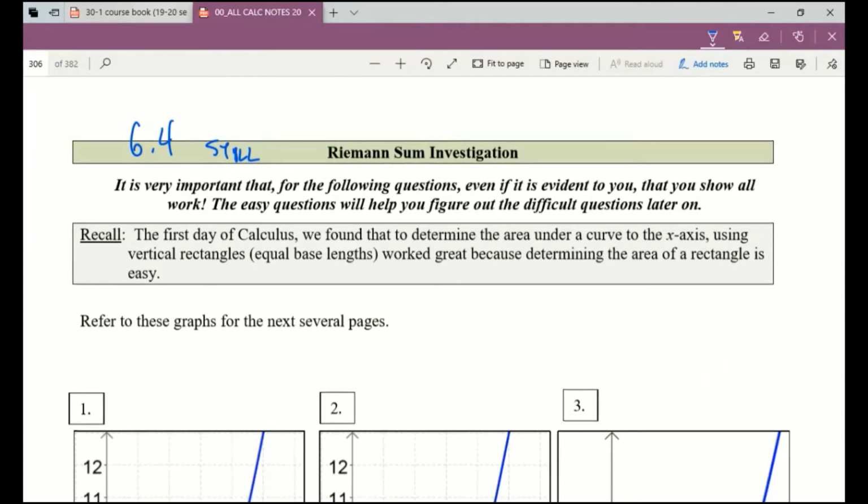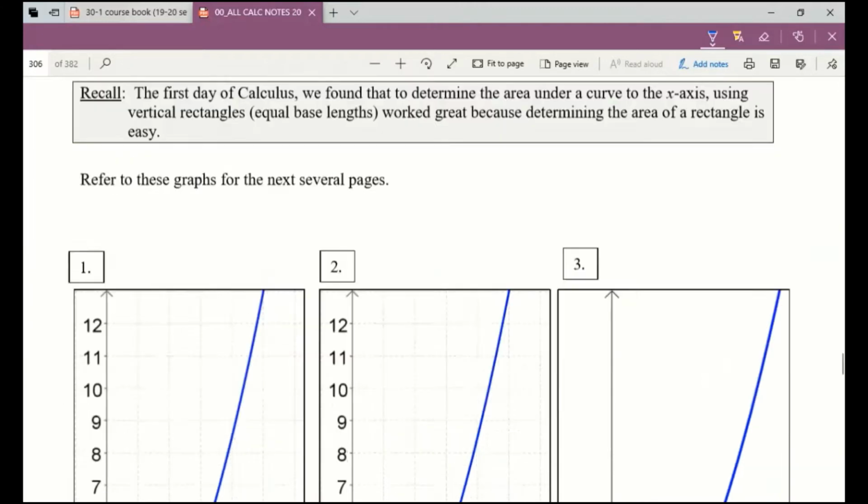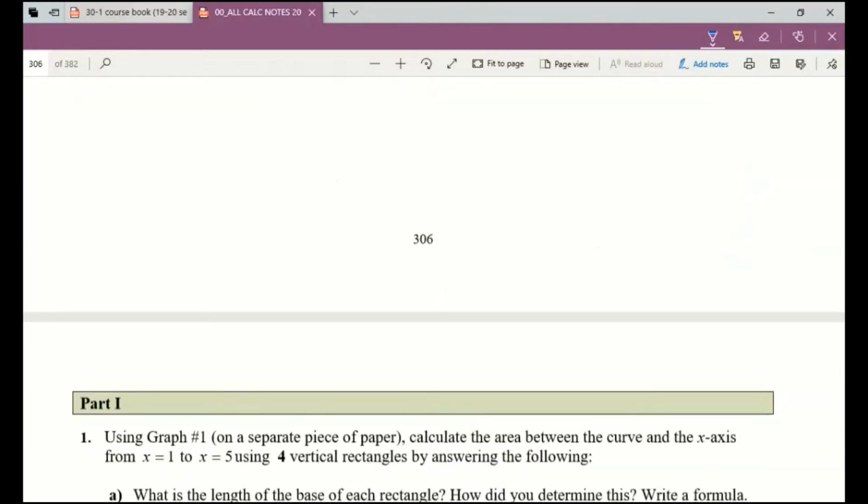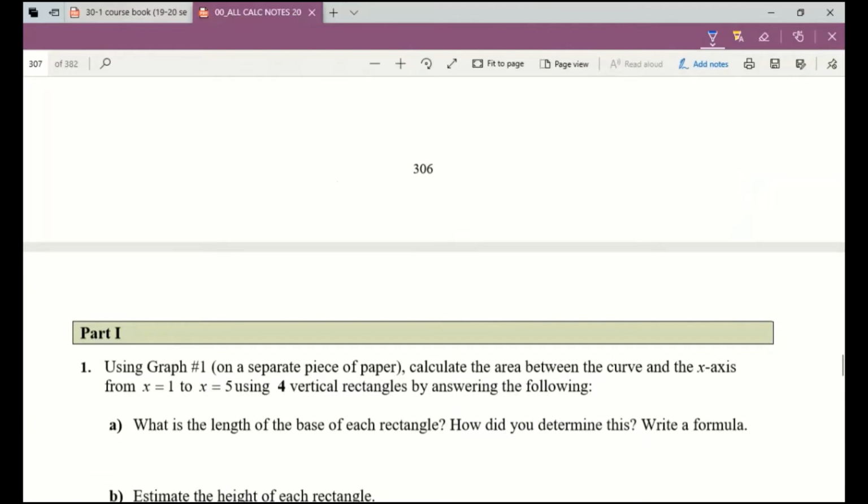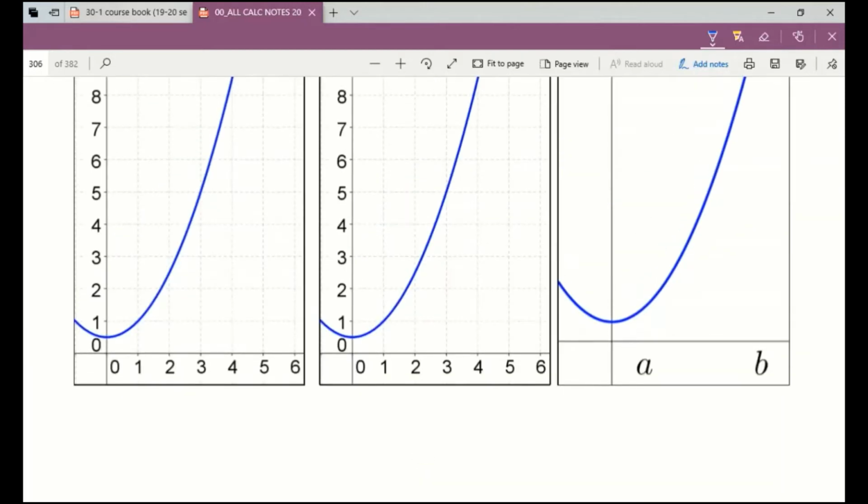All right, so to go through this, we're going to go through question 1 and look at graph 1. Question 1 says: using graph 1 on a separate piece of paper, calculate the area between the curve and the x-axis from x equals 1 to 5 using 4 vertical rectangles by answering the following. Let's start this off by doing this on this graph.